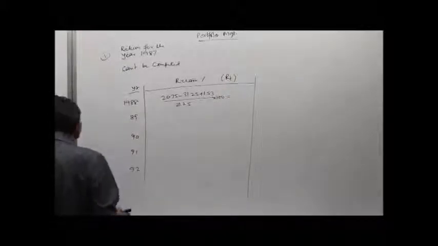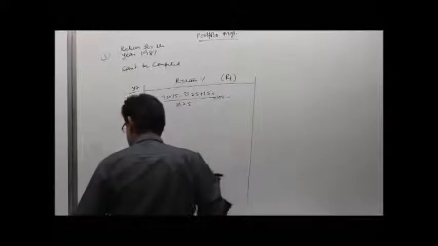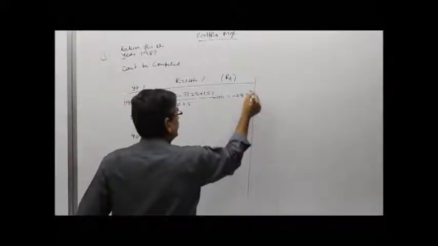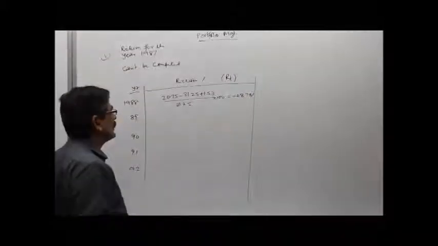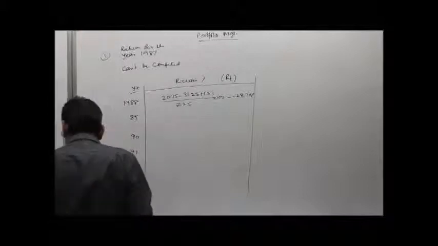That gives the answer as minus 28.78%. So the return for the year 1988 was negative 28.78%. Exactly the same way we can compute the return for the year 1989.